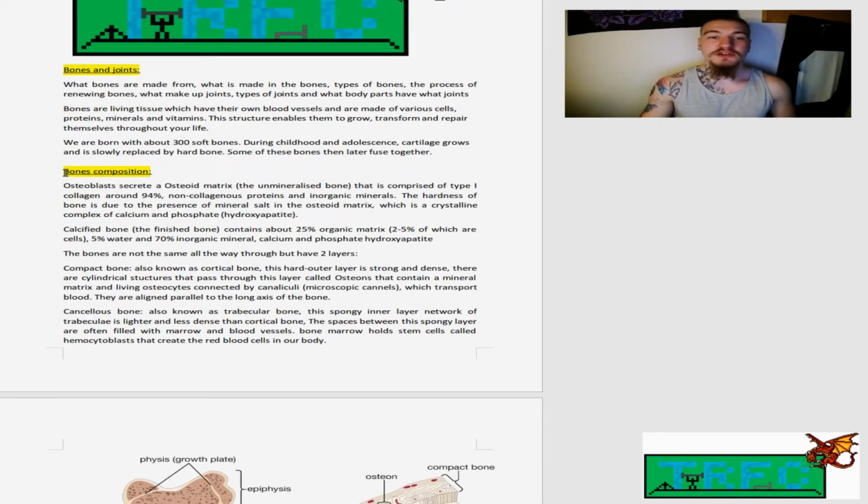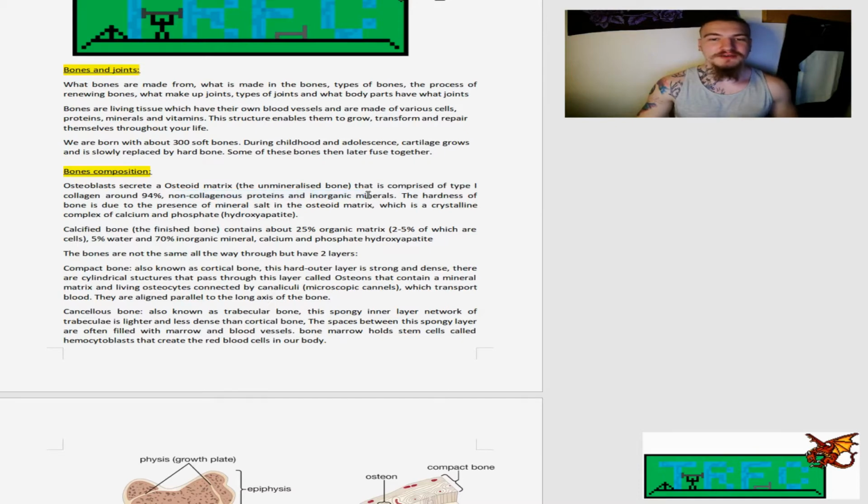So now then, we're going to jump into a bone's composition. So what makes up bones? You have something called osteoblast cells. These secrete an osteoid matrix. So these are basically all the ingredients for unmineralized bone. And that matrix is comprised of type 1 collagen, which makes up 94% of it, non-collagenous proteins and inorganic minerals.